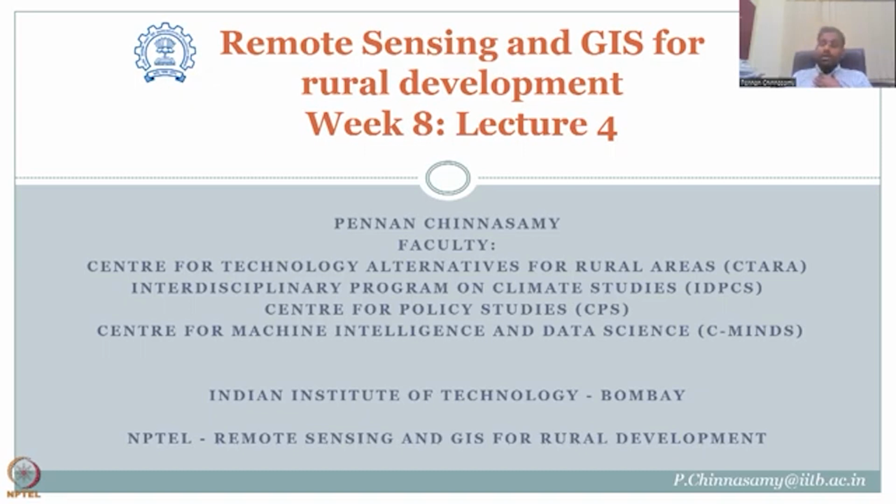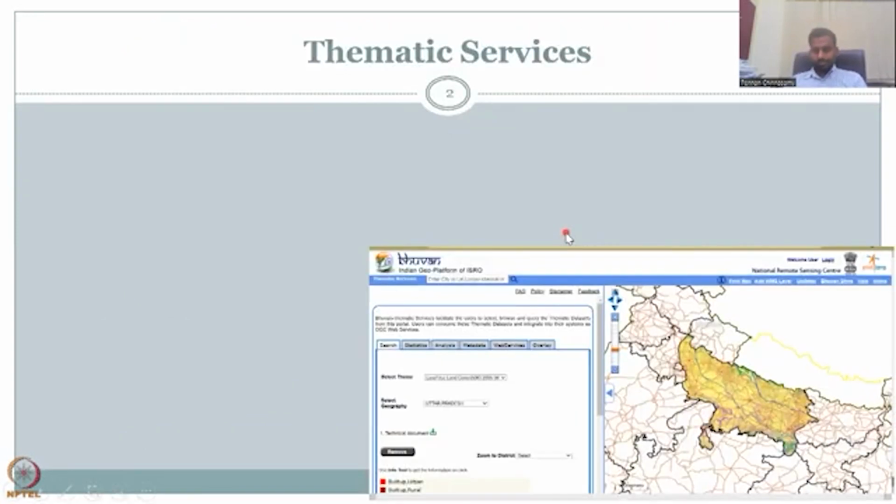Please note that you also had looked into Google Earth as a very important open source tool for downloading some metrics about land use land cover change. In the last lecture, we had looked at the Bhuvan website and some data products. On the same note, we will continue with the important tabs that are given in the Bhuvan website.